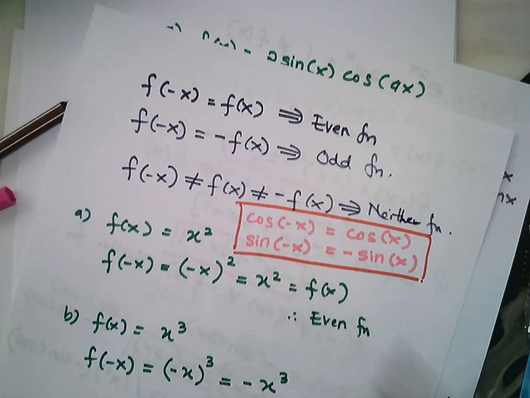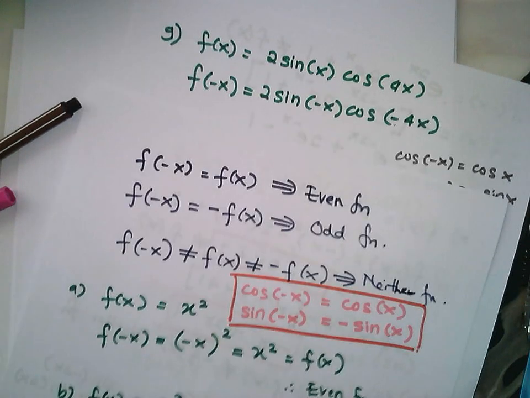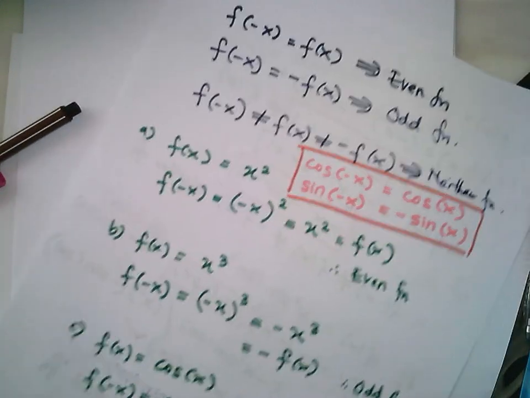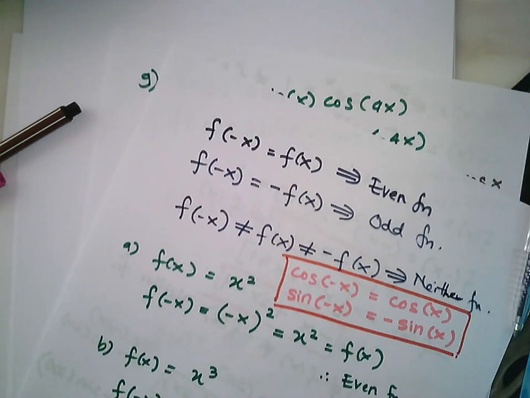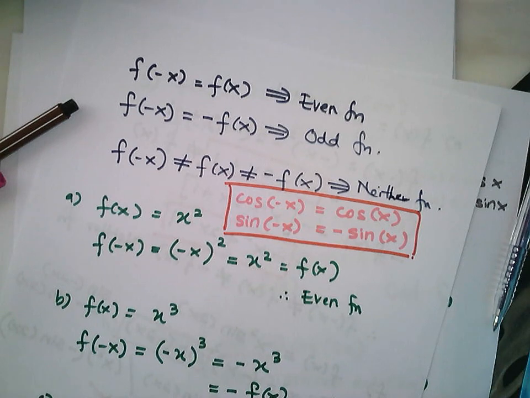Please try to do the exercise in your notes. In my next video I will proceed with the second subtopic, which is how to sketch the graph, and based on the graph we want to identify whether the function is odd, even, or neither function.